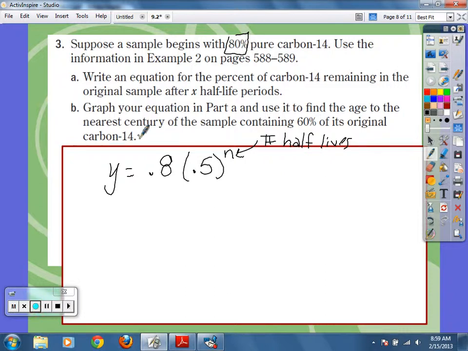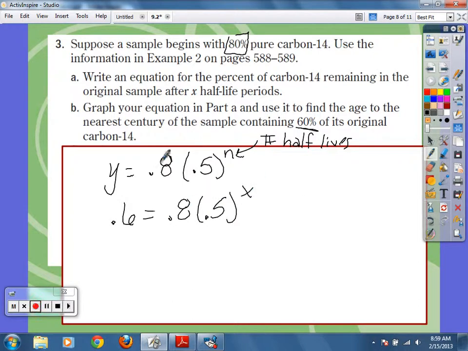Then what they want us to do is graph your equation in part A and use it to find the age to the nearest century of the sample containing 60% of the original. So what they're looking for is y to be 0.6. They want 0.6 to equal 0.8 times 0.5 to the x.